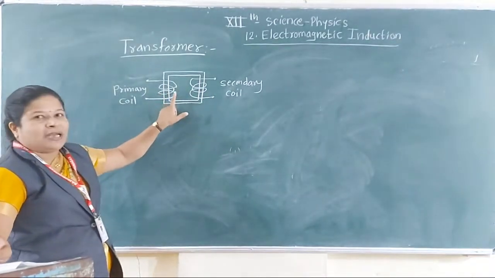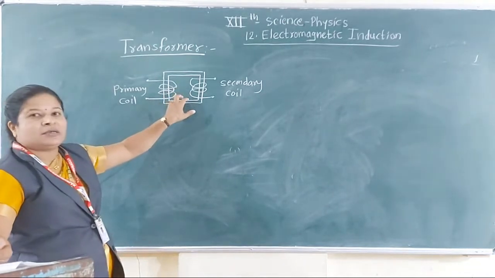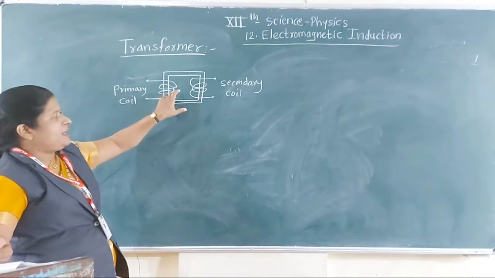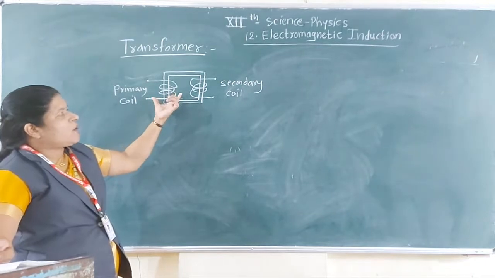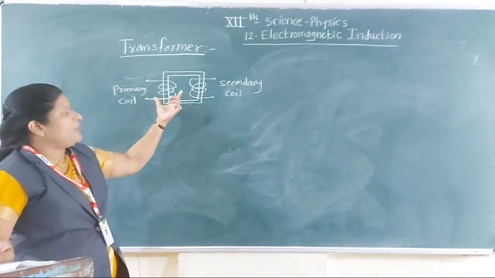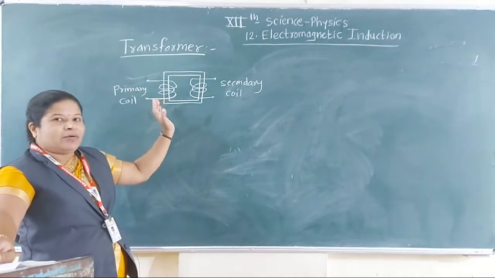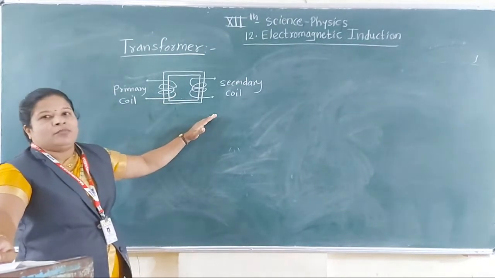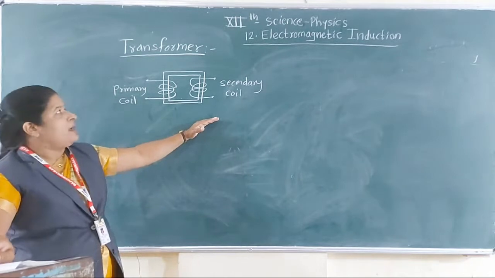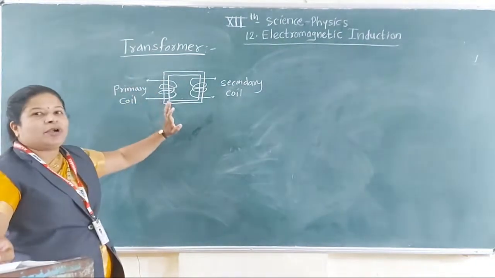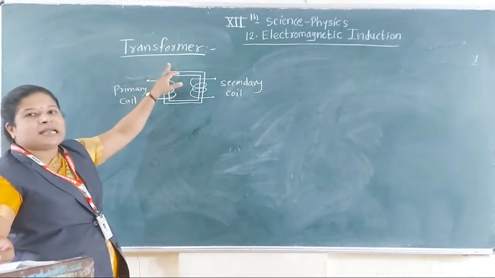There is a small distance between these two coils, and we know that when the coils are kept in front of each other or kept neighbor to each other, then we find their mutual inductance. And the most important point of the chapter is the transformer.